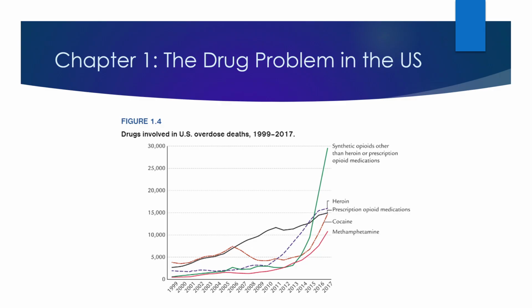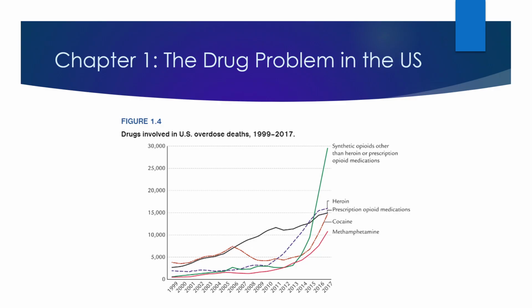We can see that the synthetic opioids, other than heroin or prescription opioid medications, while they didn't look like number one in 2015, this chart goes up to 2017, and after about 2012 you see an explosion of deaths involving synthetic opioids, very often fentanyl.